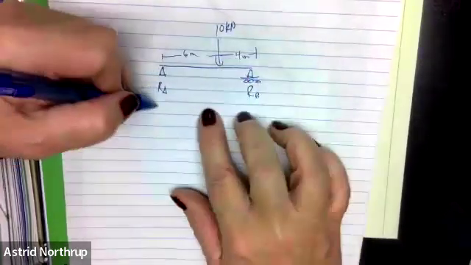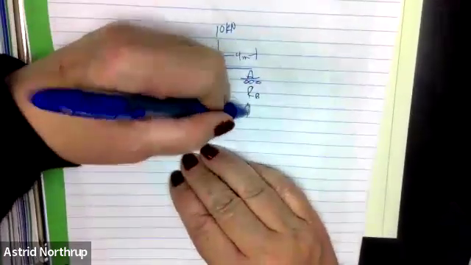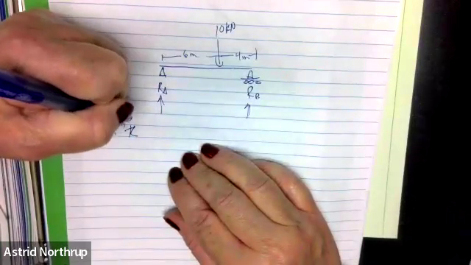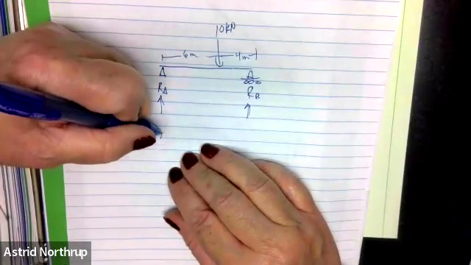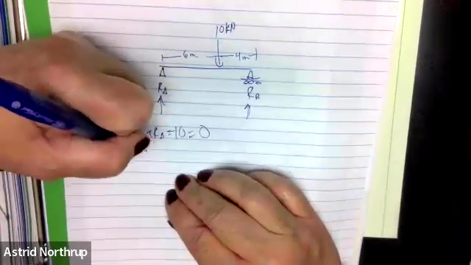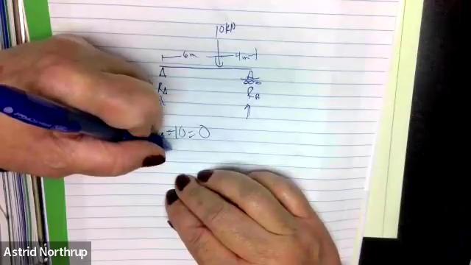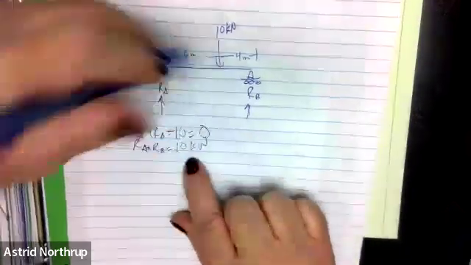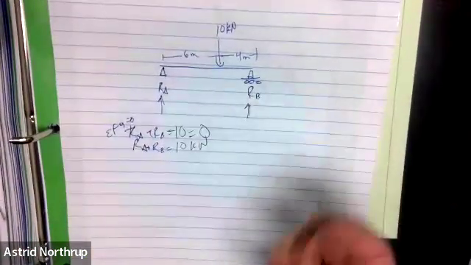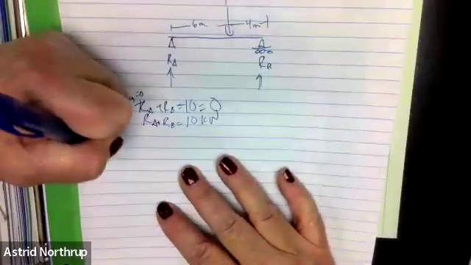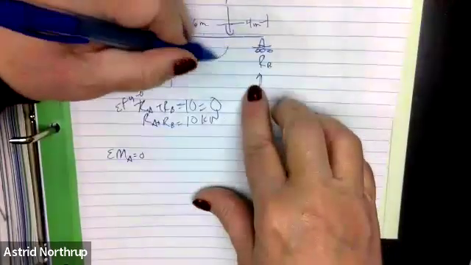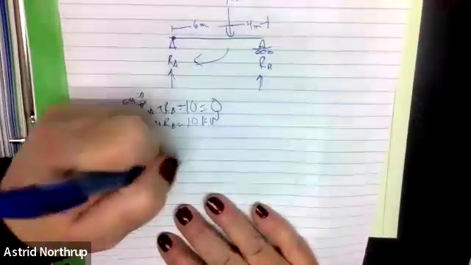Okay, you could say you need to find R sub A and R sub B, so you'd say summation of forces y equals 0, R sub A plus R sub B minus 10 equals 0. So R sub A plus R sub B equals 10 kilonewtons. Then you would find R sub A or R sub B by doing moments. So you could say summation of moments about point A is equal to 0. This is going to produce a clockwise or negative moment.